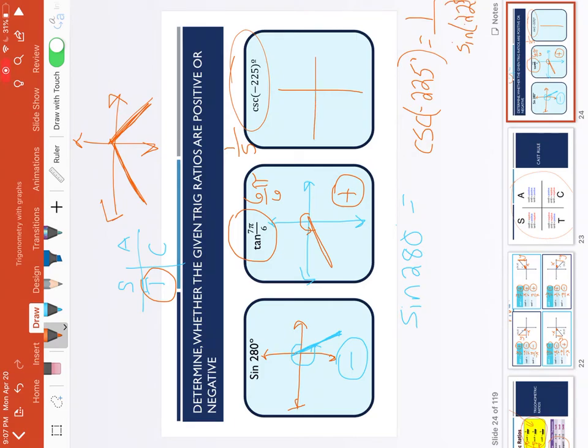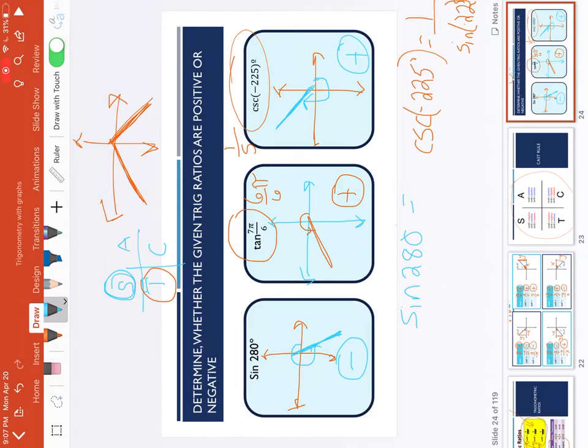So I'm actually going to use just my sine in the CAST rule. So first I'll draw the angle just like I did before. It's a negative angle, which means I'm going to move down from that initial arm. So I'll go past 180 and my terminal arm will end in quadrant 2. There we go. So using our CAST rule, we know in quadrant 2 sine is positive. So cosecant would also be positive because when you take the reciprocal of something, it doesn't change the sign.